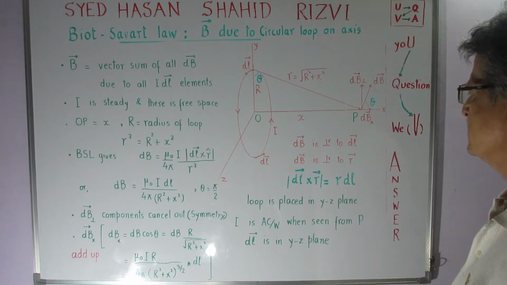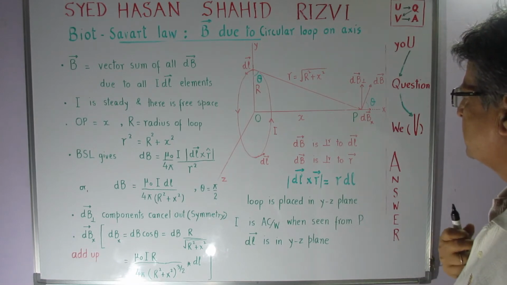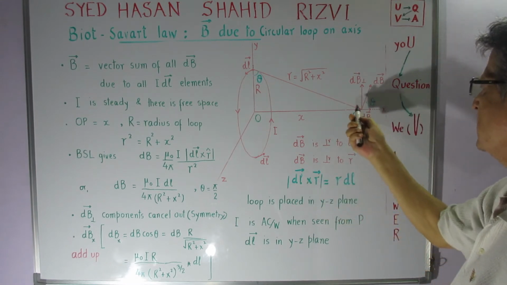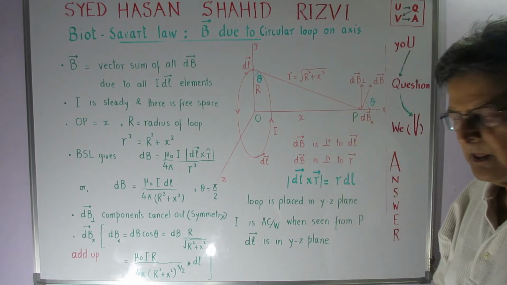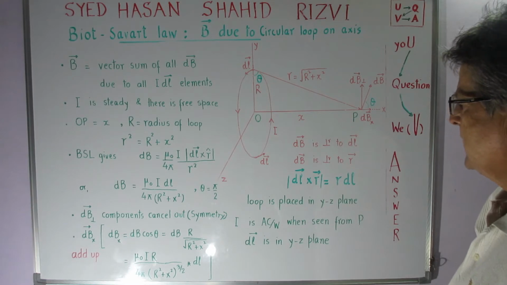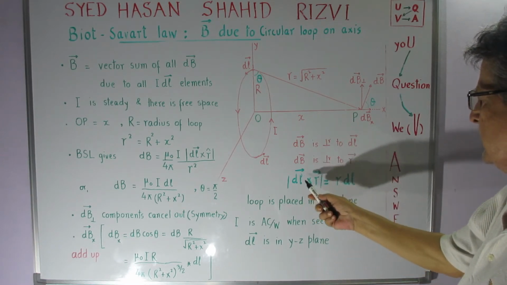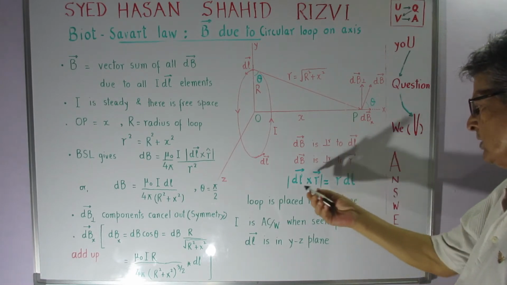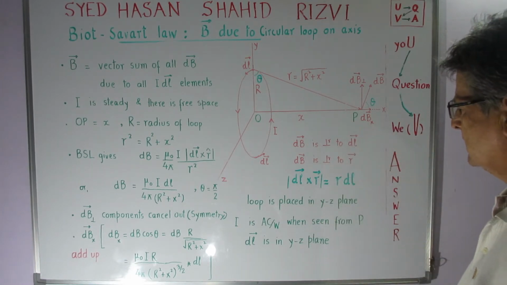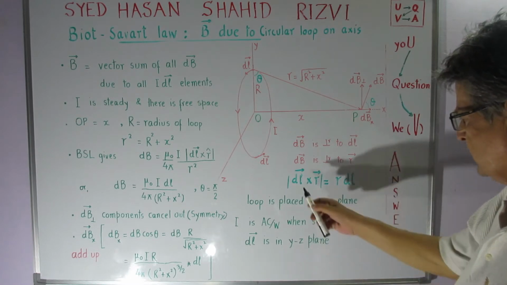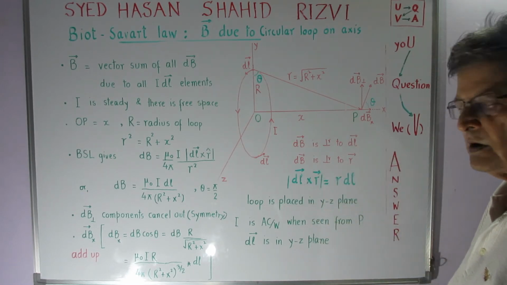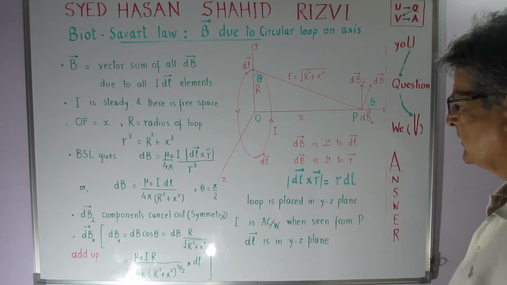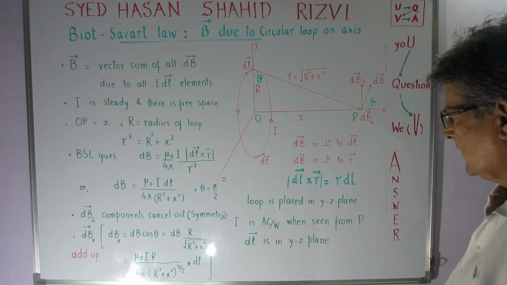So I can say that dB is perpendicular to the dl element, and dB is also perpendicular to r, because there is an element called dl cross r, and a cross product is always perpendicular to the two vectors. A cross B is equal to C, where C is perpendicular to vector A as well as vector B.